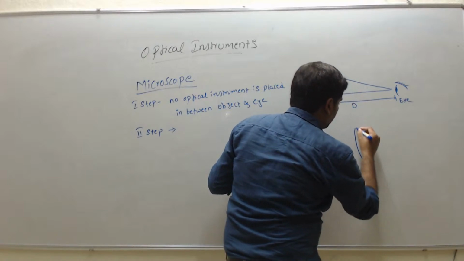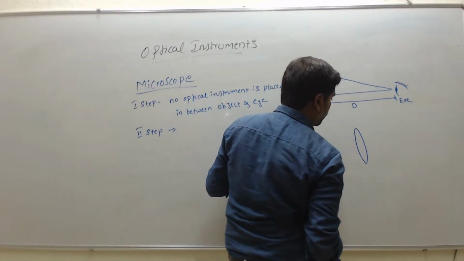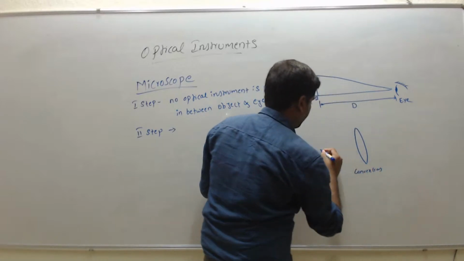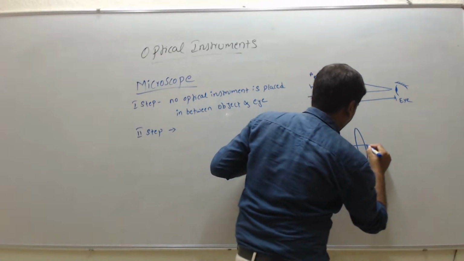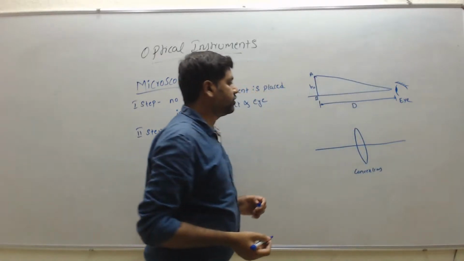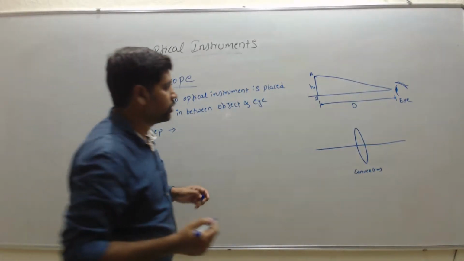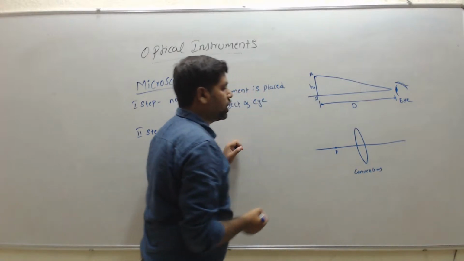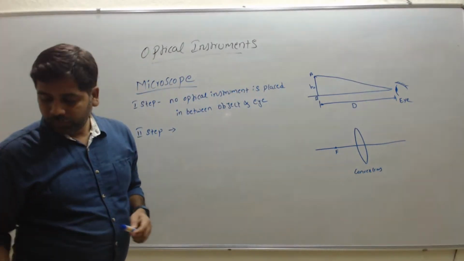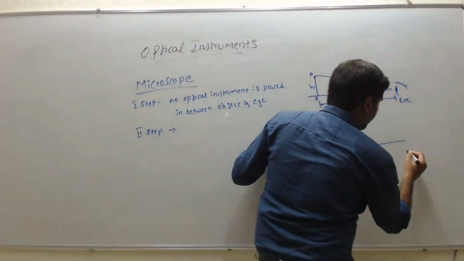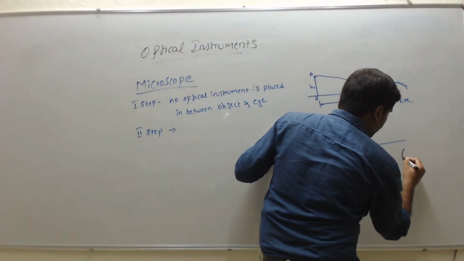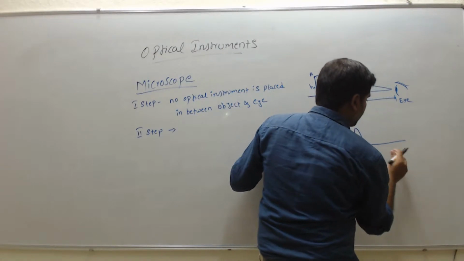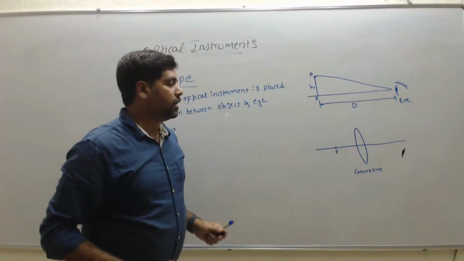So this one is the convex lens, this is the principal axis, and here is the first focal point. The eye is always nearer to the lens.